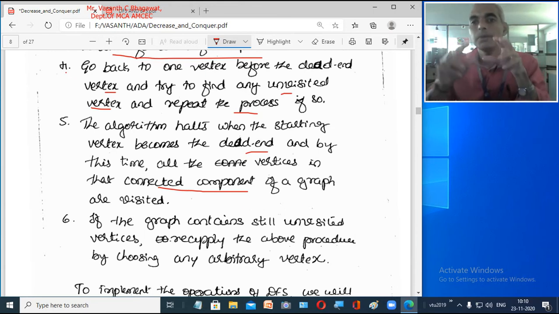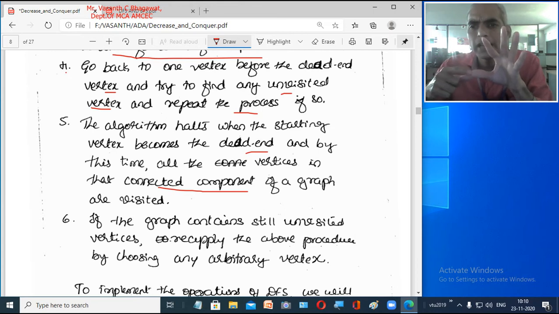Right, now the set of all vertices V, you can group into two groups. One is visited vertices and the other is unvisited vertices. As soon as you visit a vertex, you mark it as visited. Say for example in a graph you have 5 vertices. You start with a starting vertex.